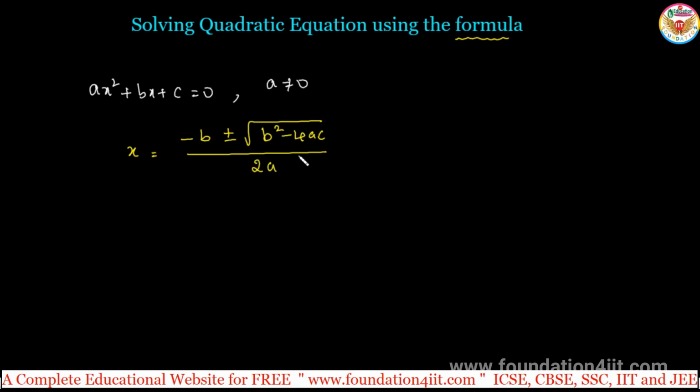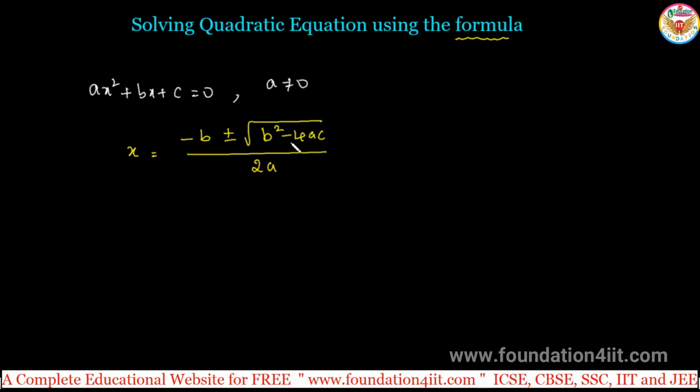Right? So proof I'm not telling for this. For any quadratic equation in this form, the solution of the quadratic equation is minus b plus or minus under root b square minus 4ac by 2a.